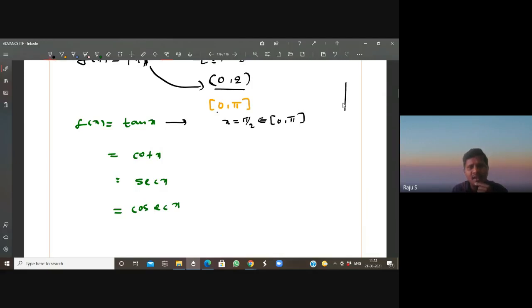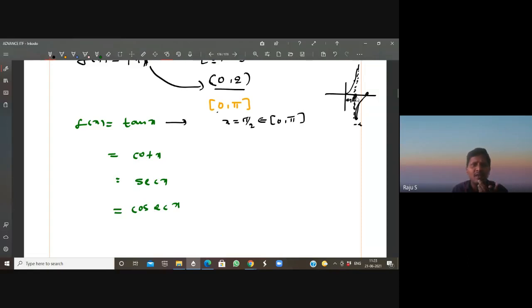When you see the graph of tan x also, at 90 it tends to infinity, but coming to the second quadrant, it starts again from here like this. At 90 we have two different values. It tends to plus infinity, and again it starts at minus infinity and goes to 0. What is the meaning of that?